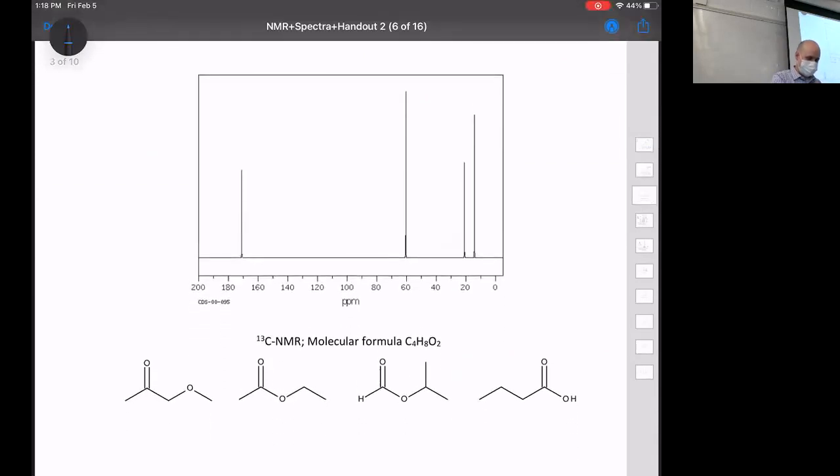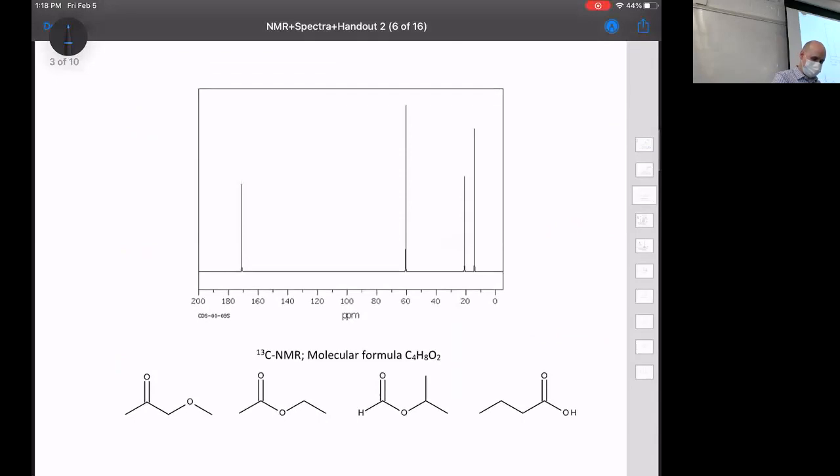This one has a little bit more stuff going on in terms of functional groups. So Chloe, I'm going to ask you to start this, and then I'm going to interrupt you halfway through, and then I'll let you finish it up. So this is your molecule. What can you tell me based on this right here? Okay, perfect. There are 4 environments. What do you know about those environments?